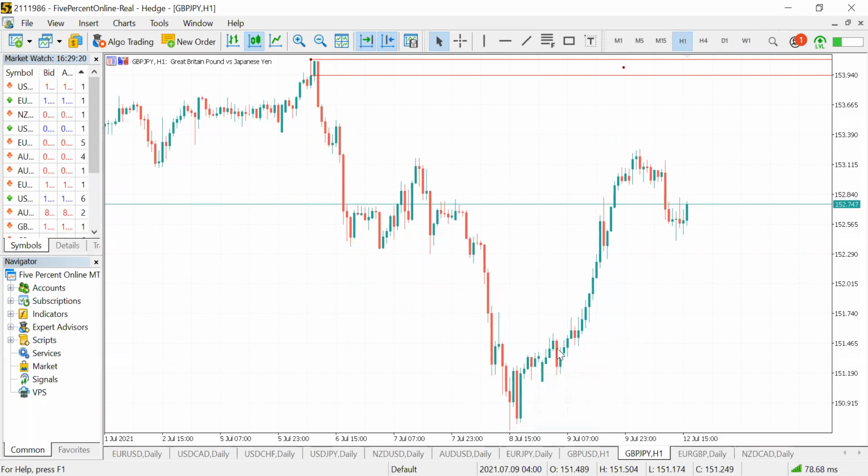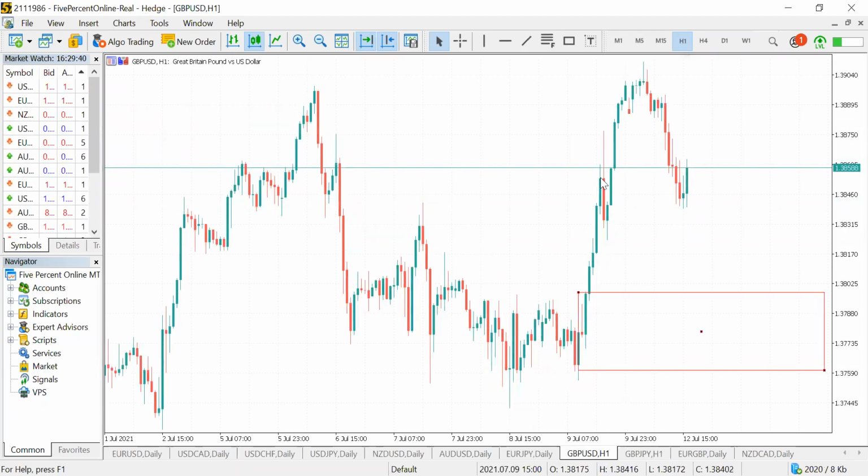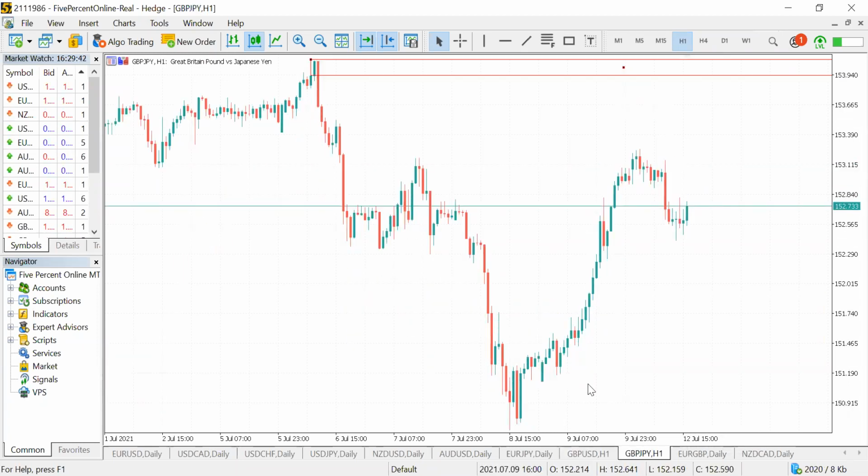Instead of having large candlesticks for breakout, we have tiny and small candlesticks forming, like running up. So that's not for me, that's not a clear demand. Just look at the difference of this one and this one.